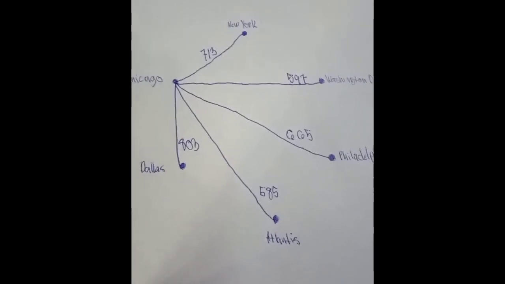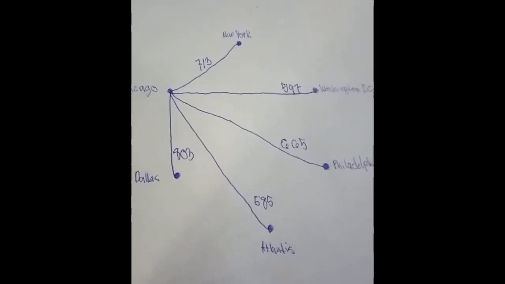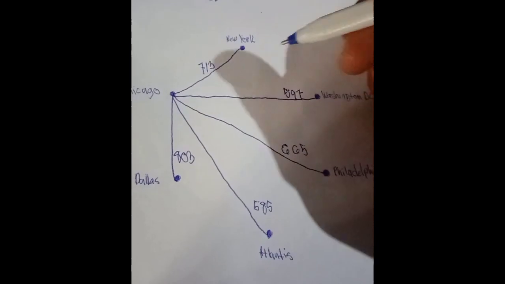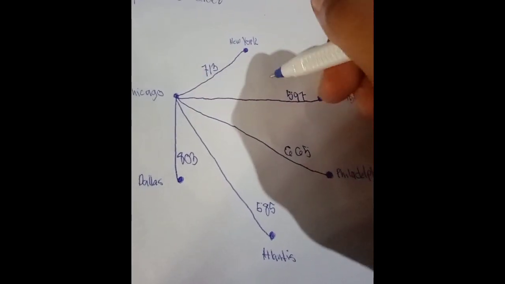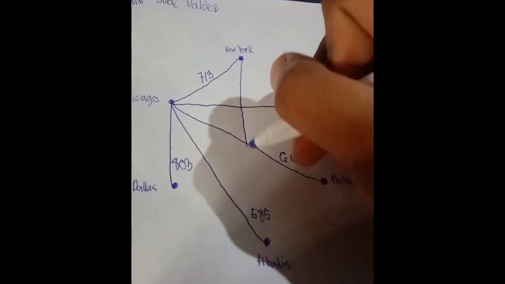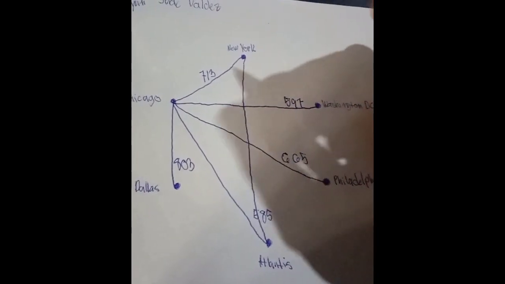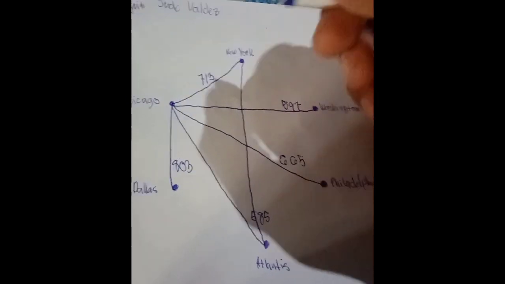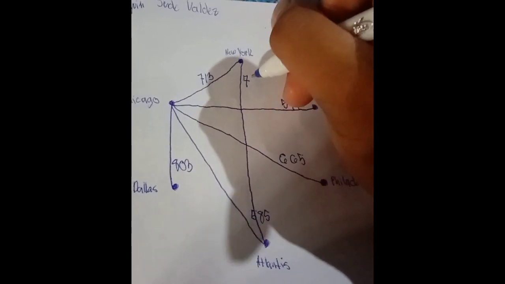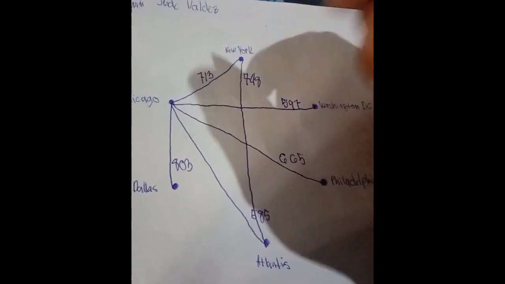So, okay, the next is New York to Atlanta. Let's connect that. New York to Atlanta would be 748.